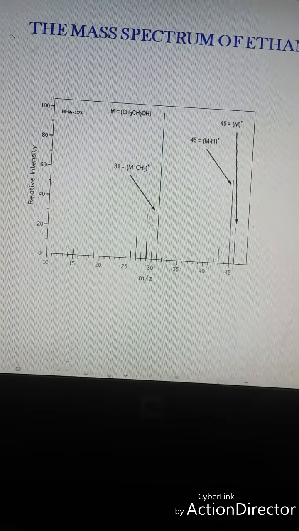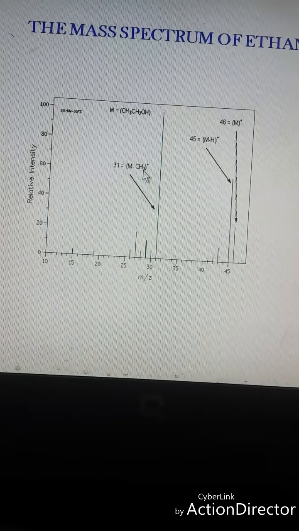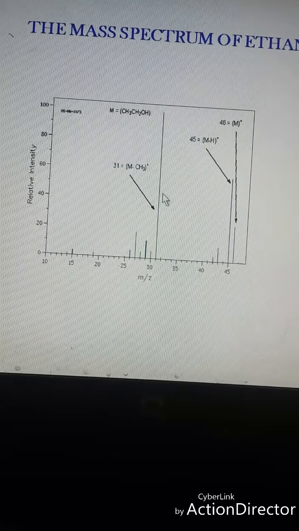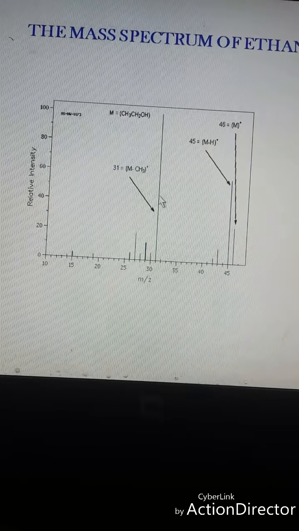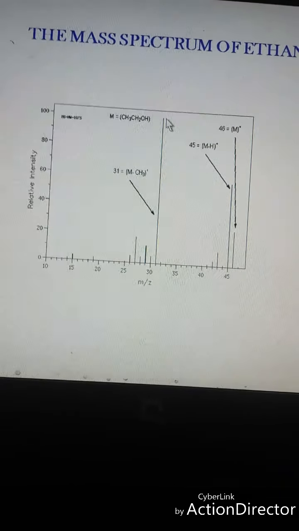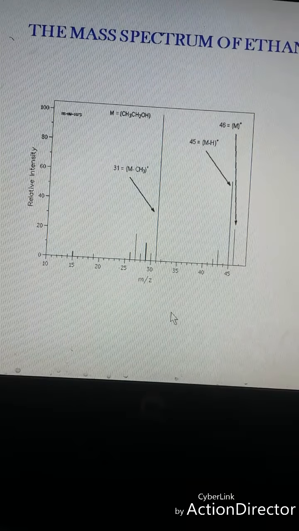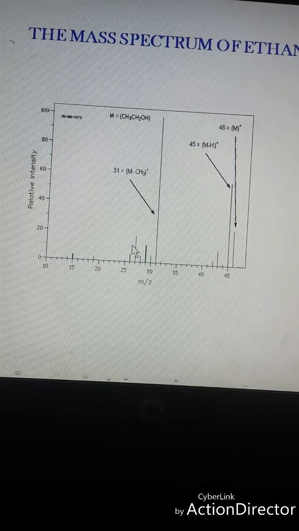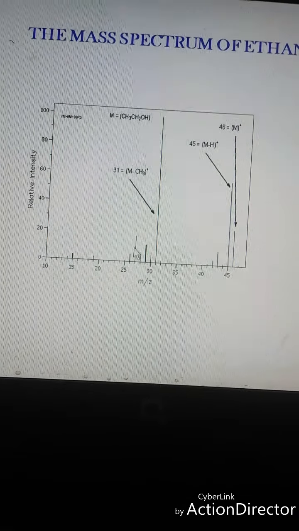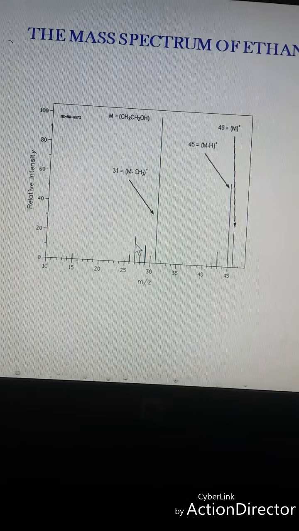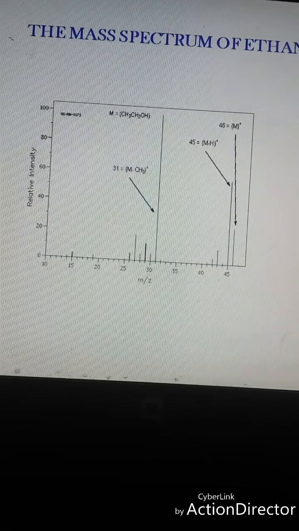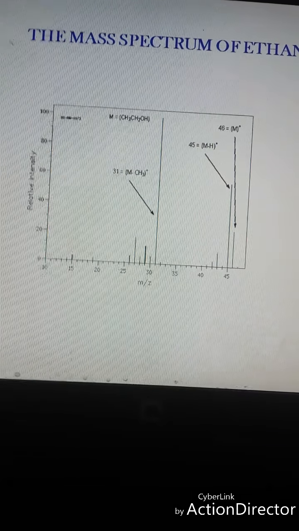Next, when the CH3 group is eliminated, you will get a peak at 31. It shows maximum intensity, so this will be chosen as the base peak. After that, when the OH group departs, you will get a peak at 29. So this is how the mass spectrum of ethanol looks.